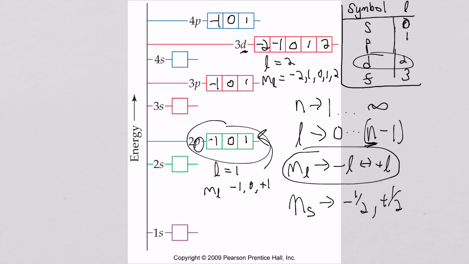We've talked about the fact that we can put a maximum of 2 electrons in any one of these orbitals, or in other words, allow 2 electrons to be described by any one of these orbitals. And so one of those electrons will have a spin quantum number of minus 1/2. The other will have a spin quantum number of positive 1/2. Those are the only available values for your spin quantum number at all times.